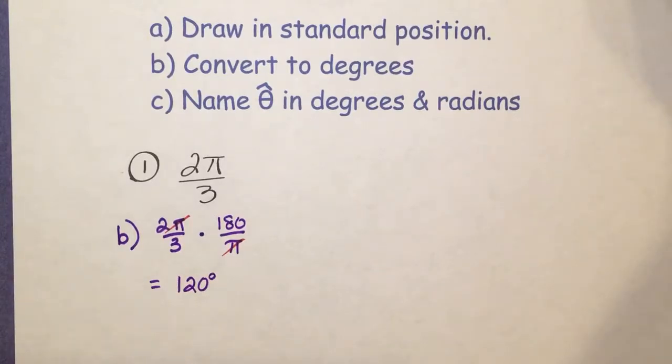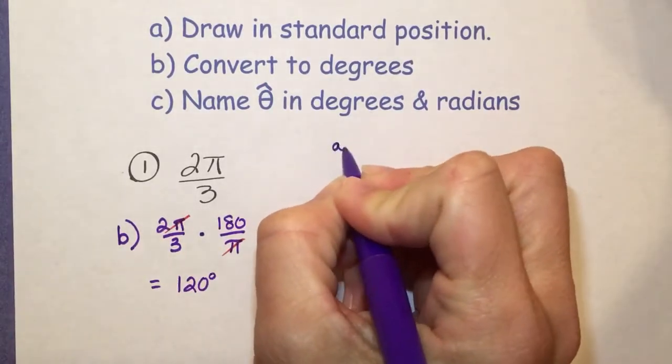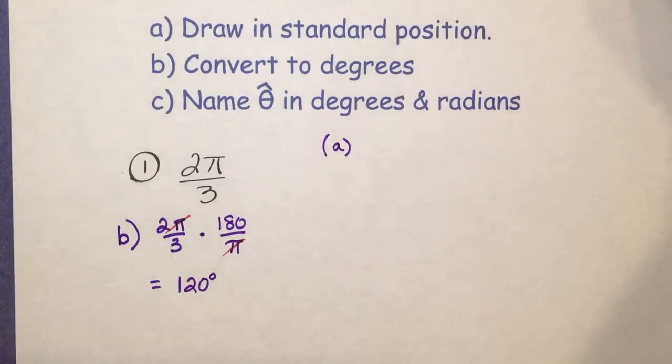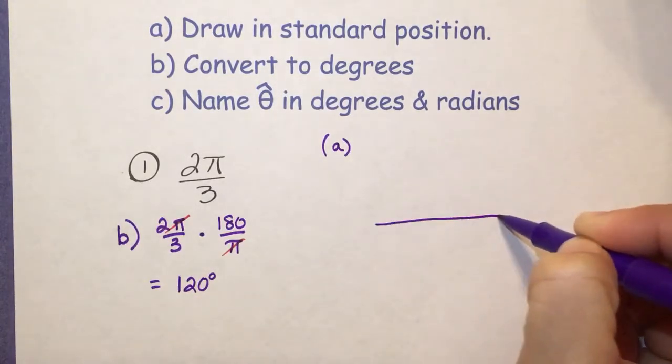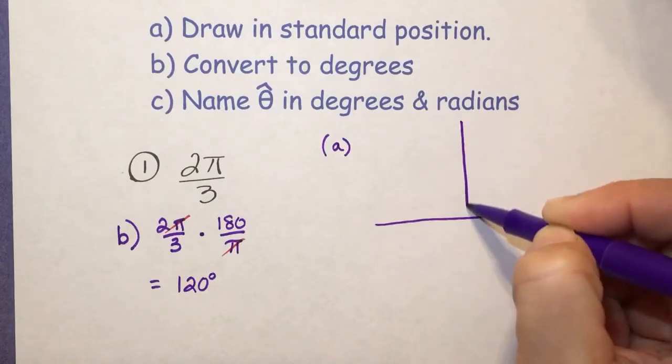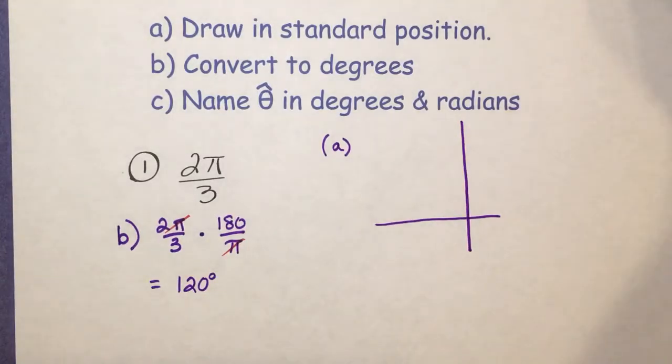Okay, so now what I would do is go back to A part and now draw this in standard position, since you're more familiar with the 120 degrees. So 120 degrees will actually be in the second quadrant, so we'll give ourselves a little bit more room there.